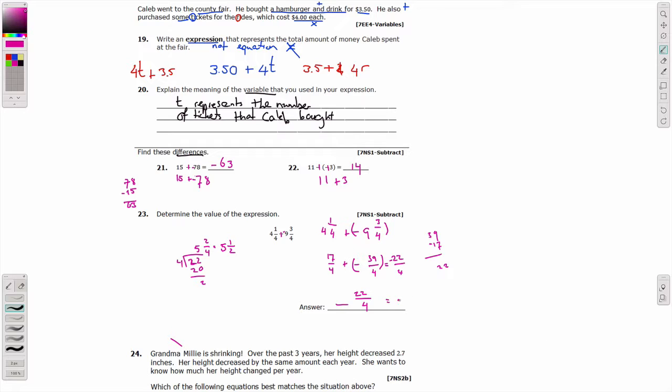Or you might also have a decimal, 5.5. If you continued with the decimal, you would get 5.5. That's the end of that page.